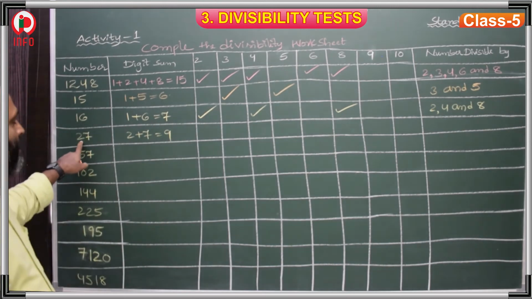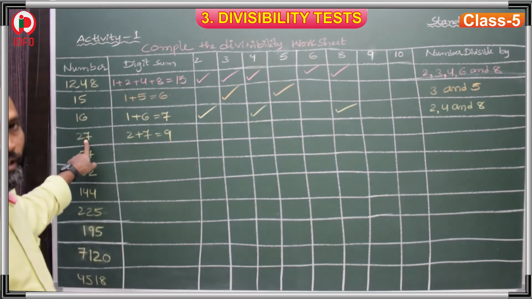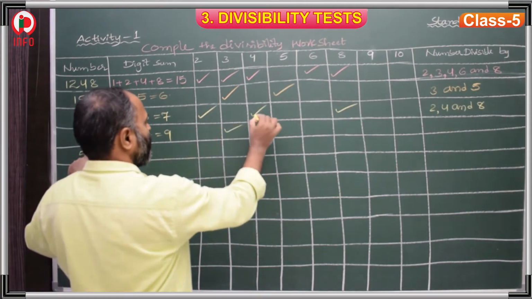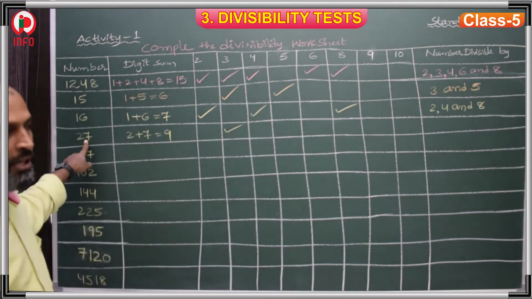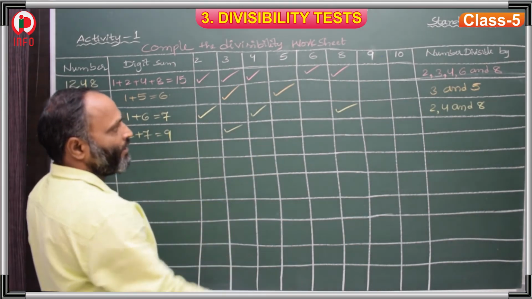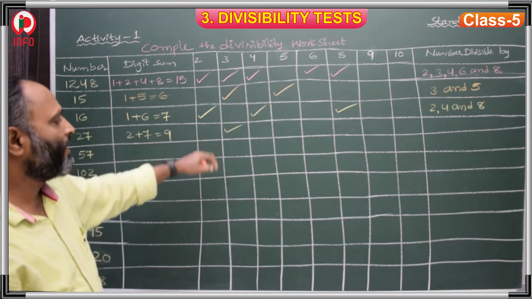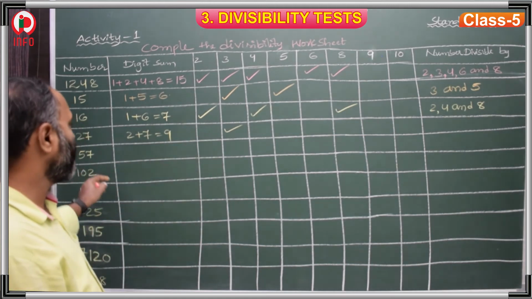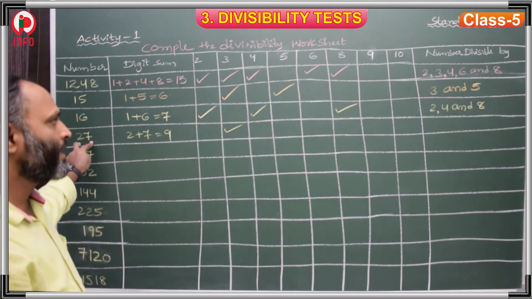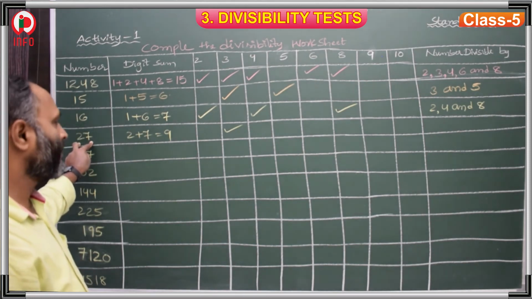Then 27. 2 plus 7 is equal to 9. First, it is an odd number, so it is not divisible by 2. For 3, the sum of the digits is 9, so it is divisible by 3. For 4, 27 won't come in 4. In the 6 table, if it is divisible by 2 and 3, it is divisible by 6, but here it is not divisible by 2, so it is not divisible by 6.